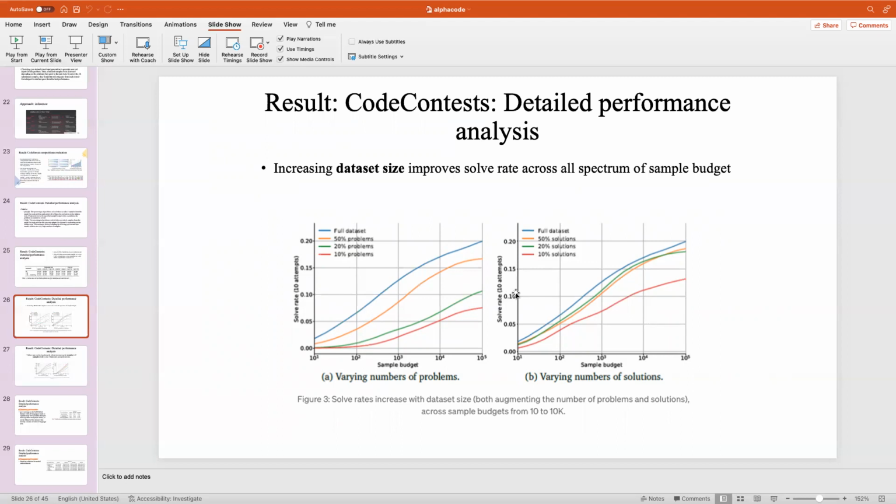The conclusion here is that increasing the data size will improve the solve rate across all spectrum of sample budgets. You can see different colors mean different percentages of the data set. So using the full data set always has the best performance.